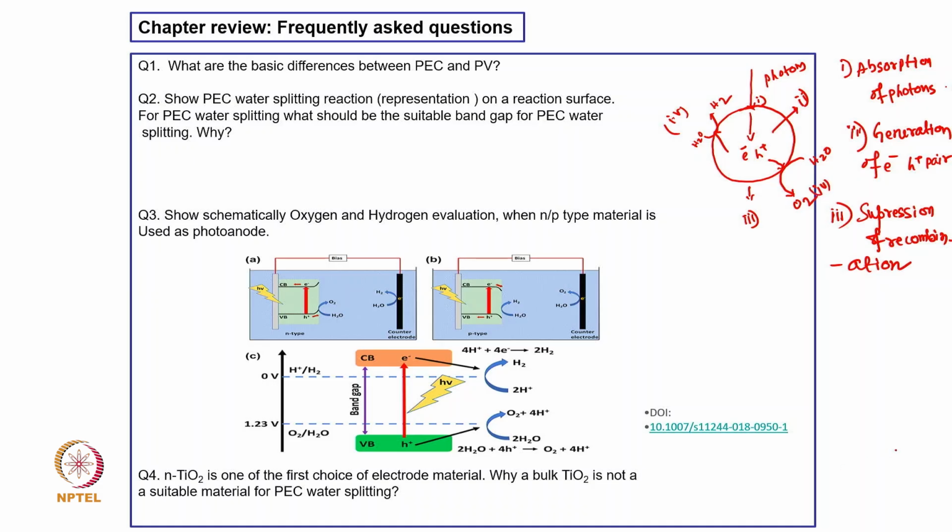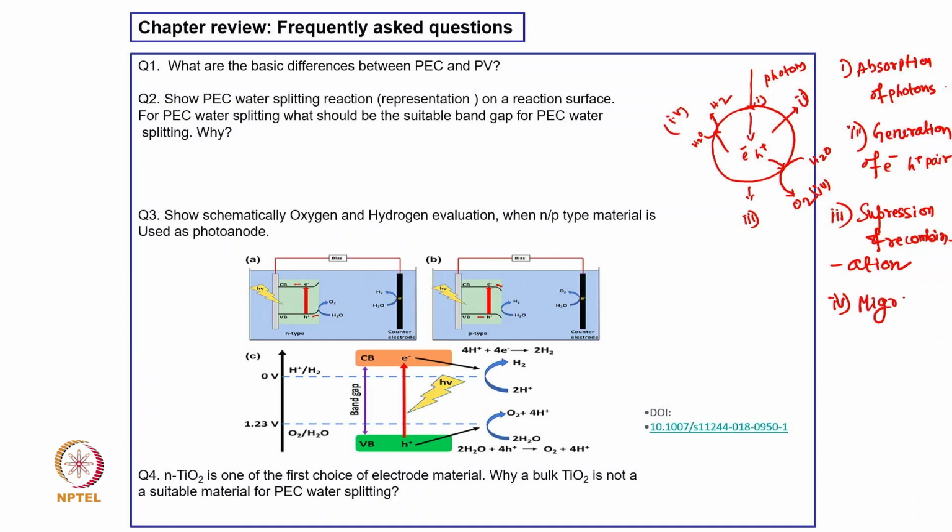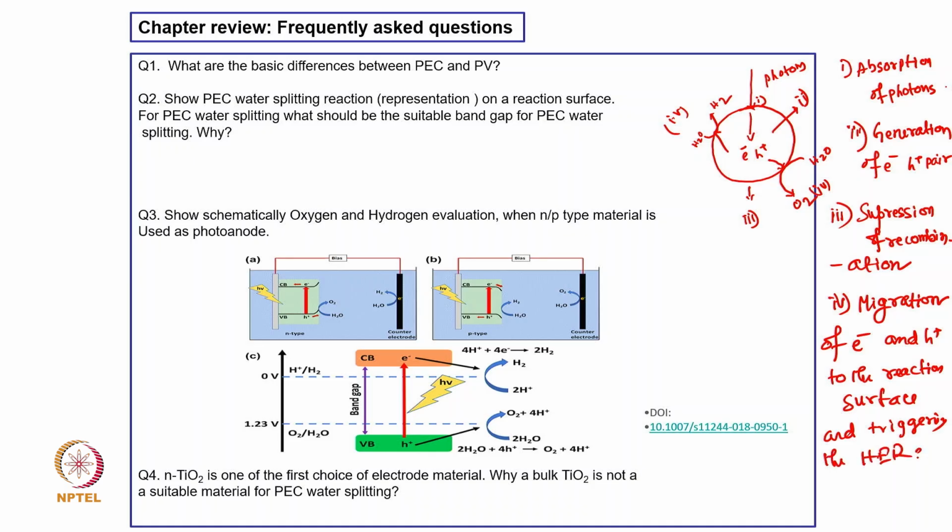Okay. So, this is the fourth: once the charges are migrated, the migration of electron and hole to the reaction surface, and triggering the reaction, the HER and OER.